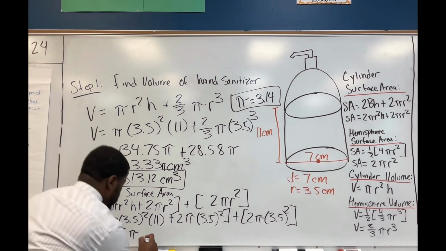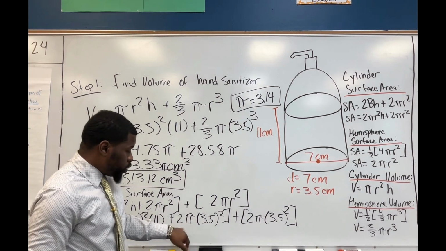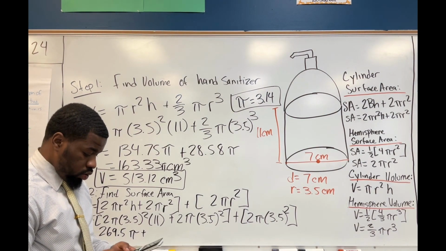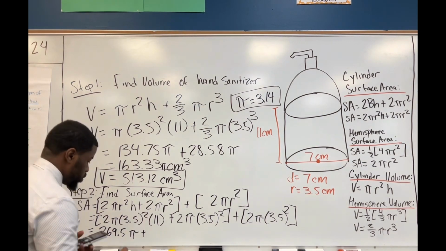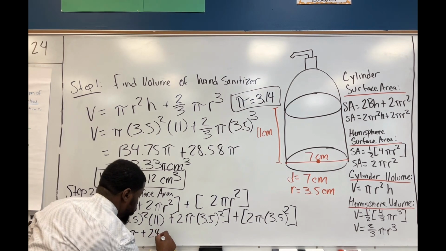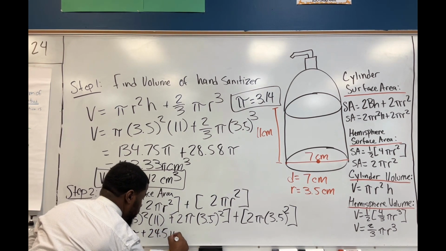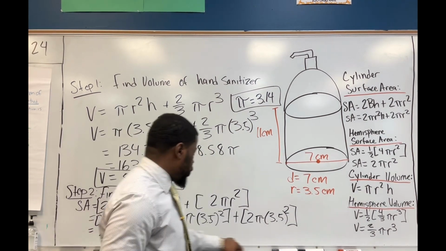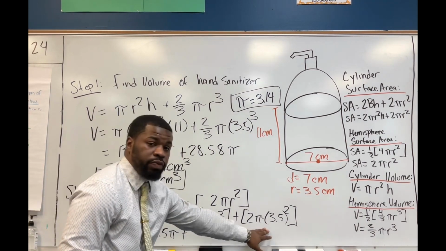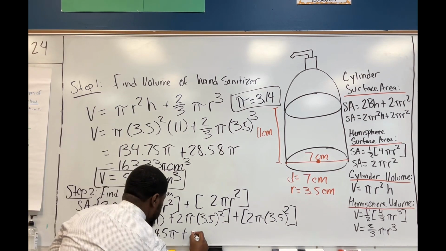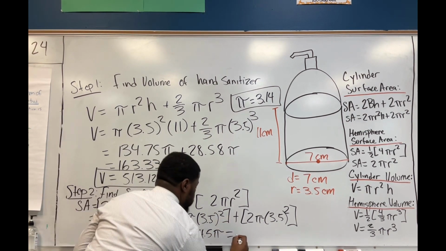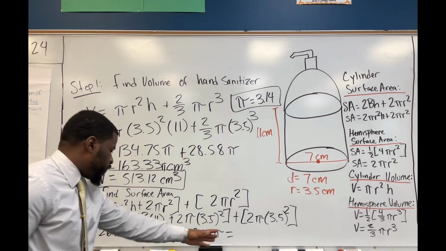Plus I'm going to do 2 times 3.5 squared. It becomes 24.5 pi. Plus 2 times 3.5 squared. We just identified that over here, so I'm just going to repeat the values on this side, which is going to be 24.5 pi.